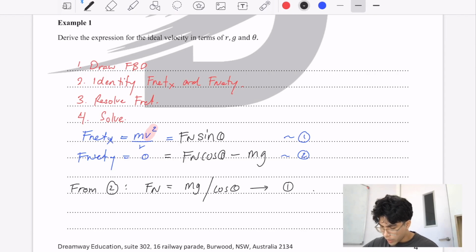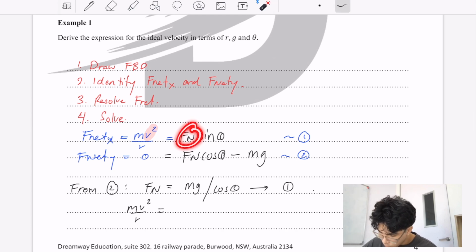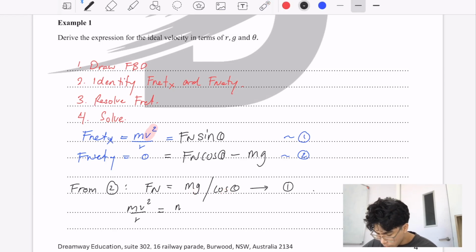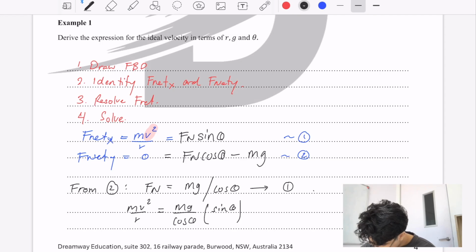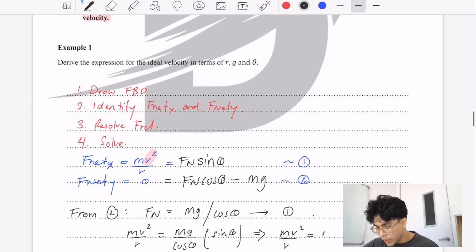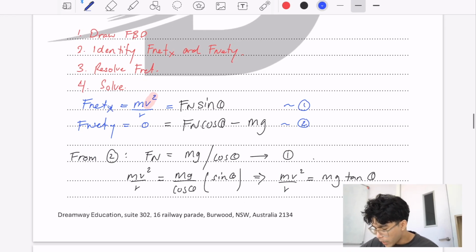Okay, when I plug it in, I'll get here mv squared on r is equal to Fn. We said Fn is mg on cos theta, right? So mg over cos theta times sine theta, okay? As you can see, guys, that's going to give you mv squared on r is equal to, now mg sine theta on cos theta is just mg tan theta, right? Okay, and there you go, that's my equation.